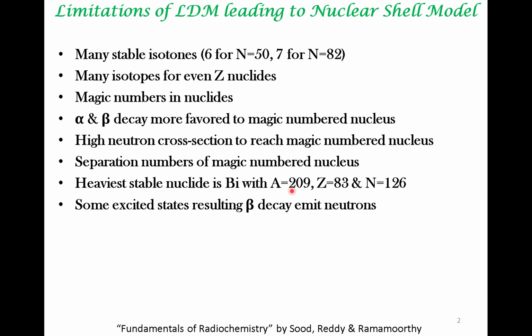These release a neutron much more easily, which suggests that the last neutron is loosely bound in these excited states. It is not possible to rationalize these observations within the liquid drop model.